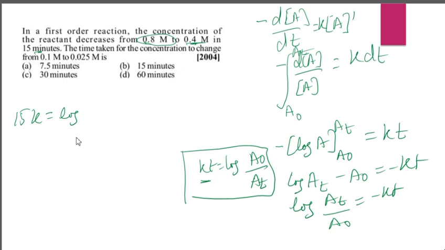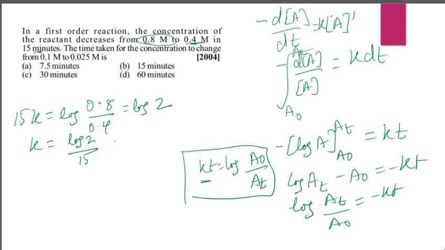But when we are taking it from other things and putting it in, we can use it without log 10. That will be quicker for us. So log a naught by at, 0.8 divided by 0.4, so it will be log 2. So the value of k is log 2 upon 15.